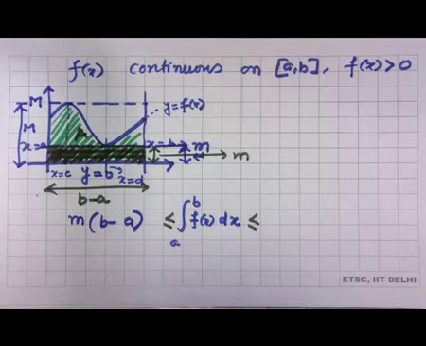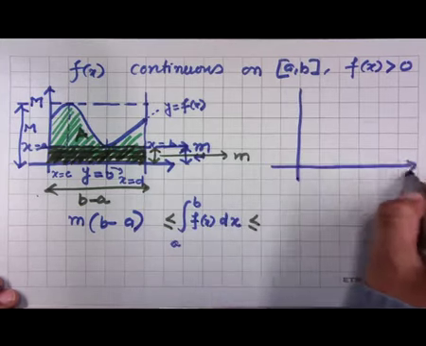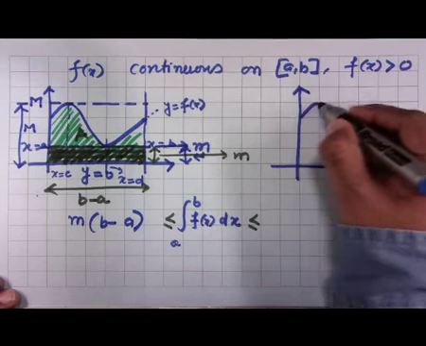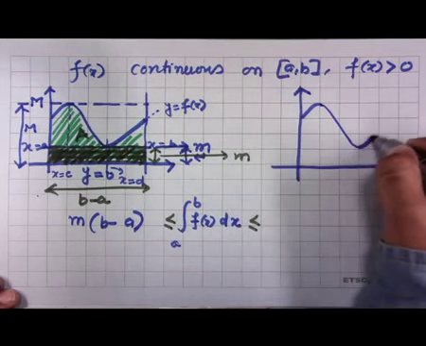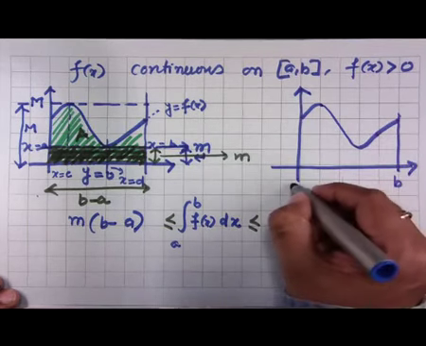Now let us draw this figure again, because it is getting very complicated to understand from this. Something like this, you have this is b, this is a.